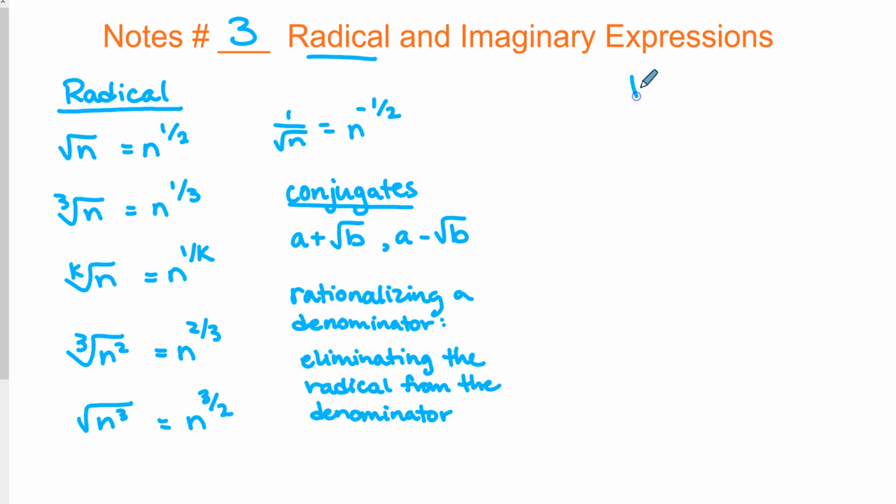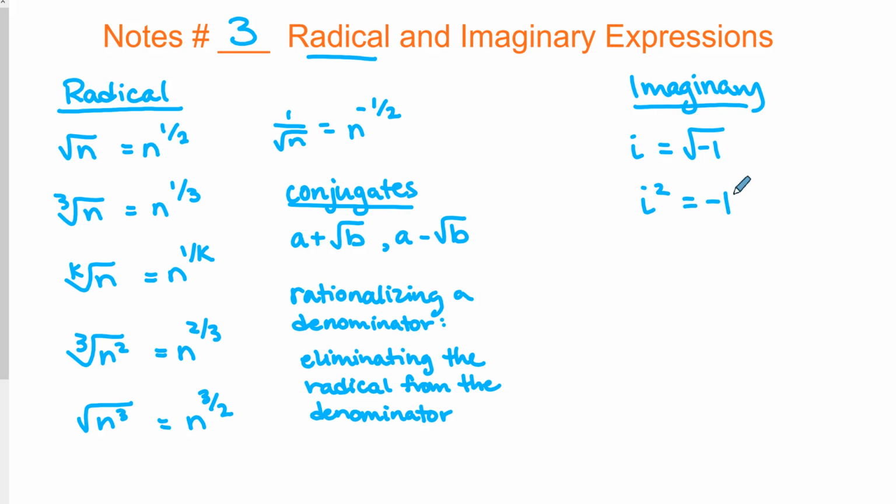Okay, then related to imaginary numbers, the main ideas are that i is the imaginary unit and it's defined as the square root of -1, and i squared is defined as -1.